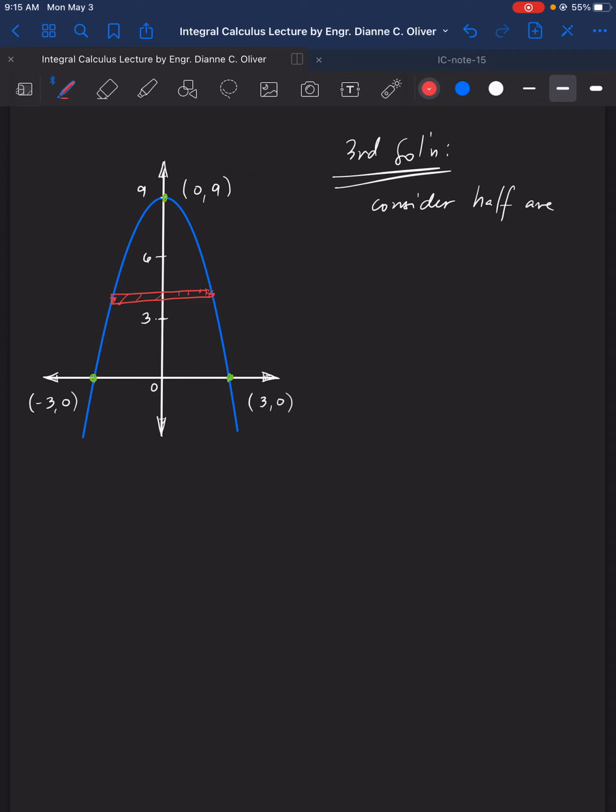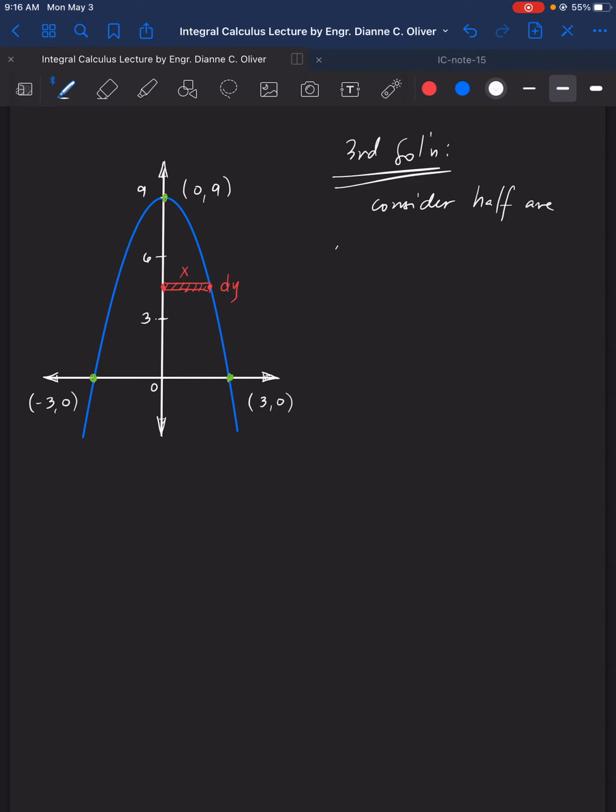There is a solution to that. The solution to that is considering the half only, so that your horizontal area strip will touch 2 boundaries. You will be touching the curve and the y-axis. Now, this is dy, x.